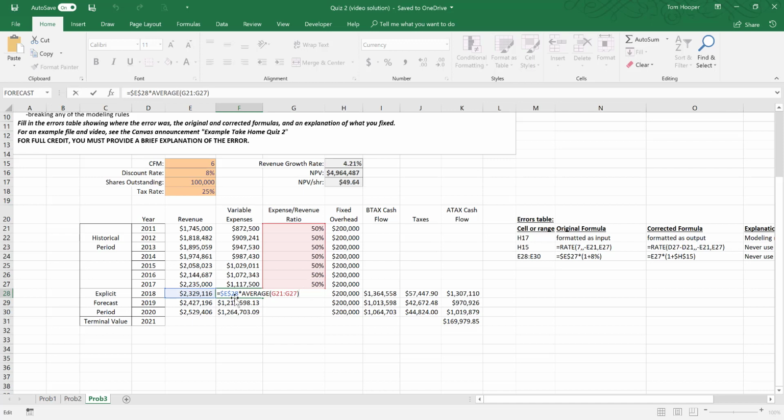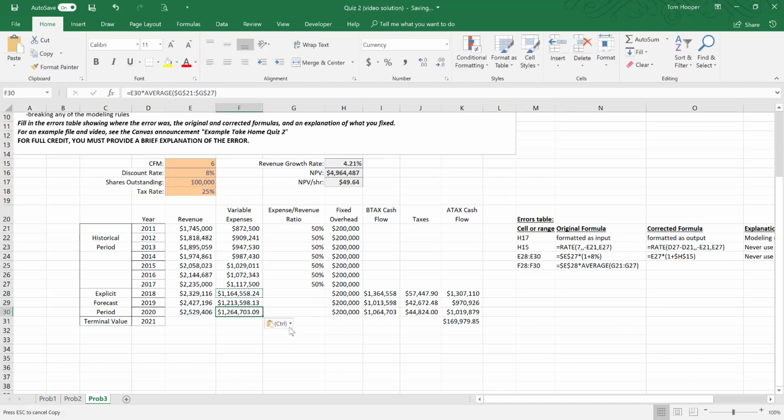Notice if I copy this down, then the revenue won't move and the expenses will, the ratio will. We want to change the absolute reference on those. Some of you put a cell up here to hold the expense revenue ratio average. That was probably a great idea. I didn't do that in my solution, but that's a fine way to do it as well.